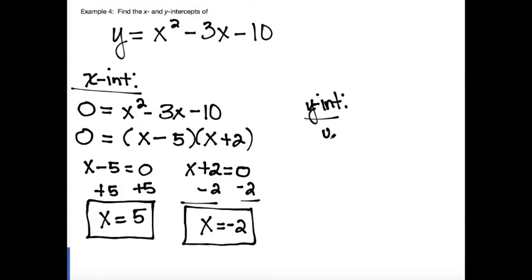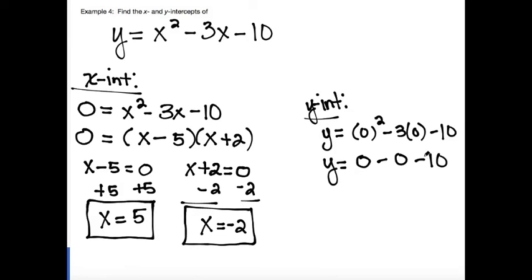So that's going to give me y equals 0 squared minus 3 times 0 minus 10. So that's y equals 0 squared is 0, negative 3 times 0 is 0, and then we have minus 10. So that's going to give me a y value of negative 10.